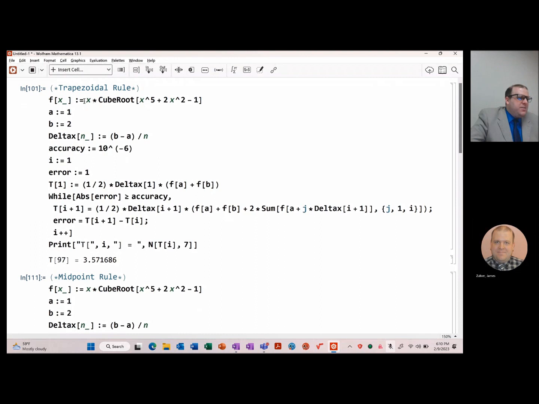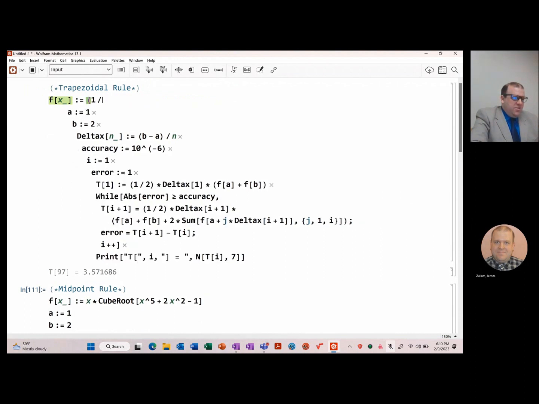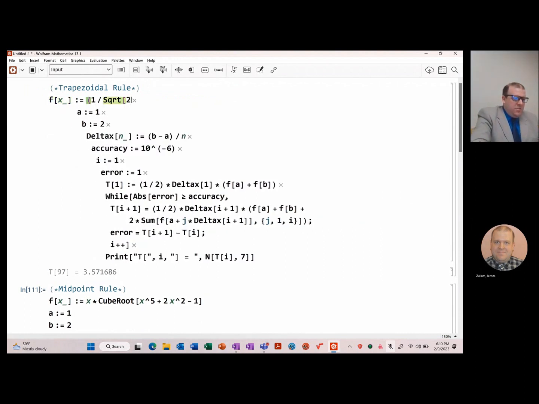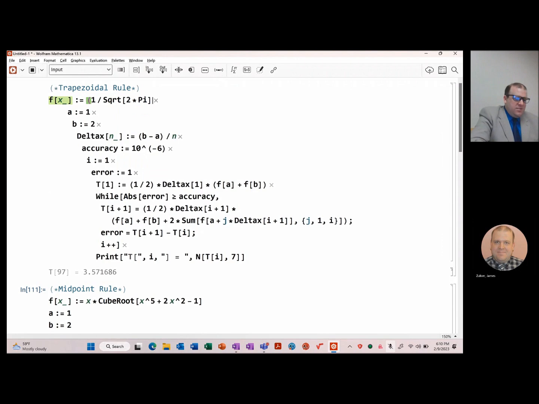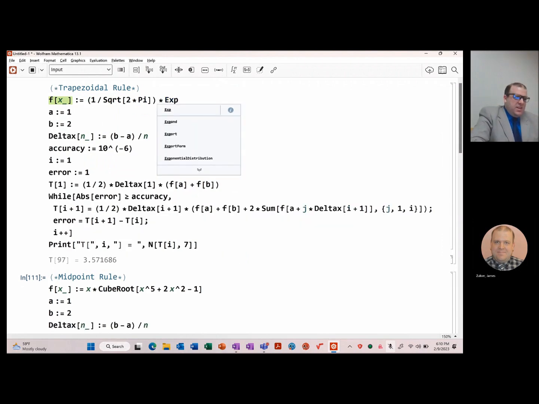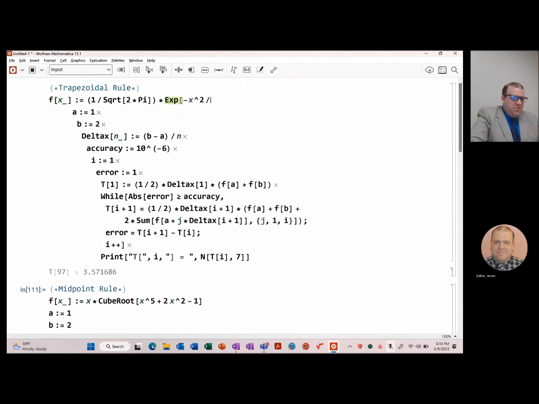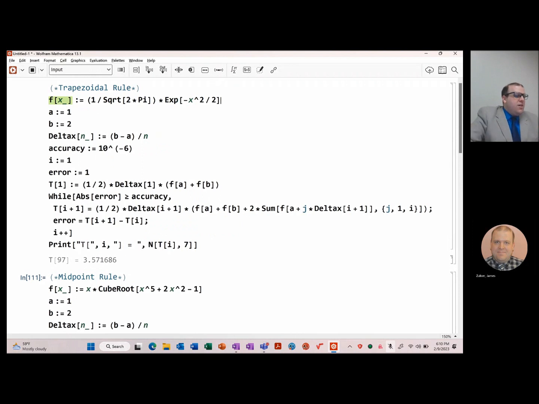So let's start with trap. Change this: 1 over the square root of 2 times pi times e to the minus x squared over 2, from -1 to +1. That goes back to 4.